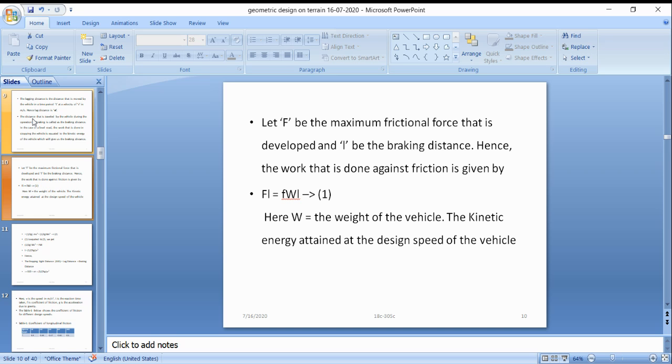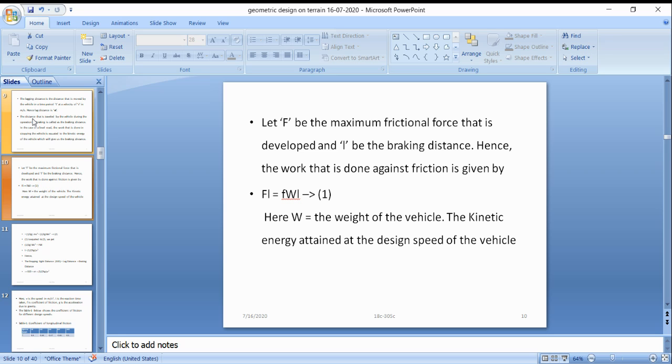Here F is the frictional force that is developed and l is the braking distance. So F is the frictional force and l is the braking distance.